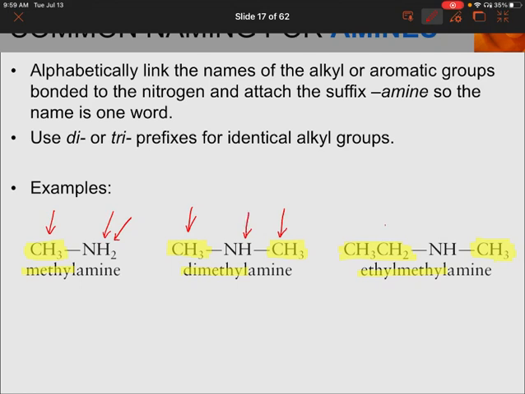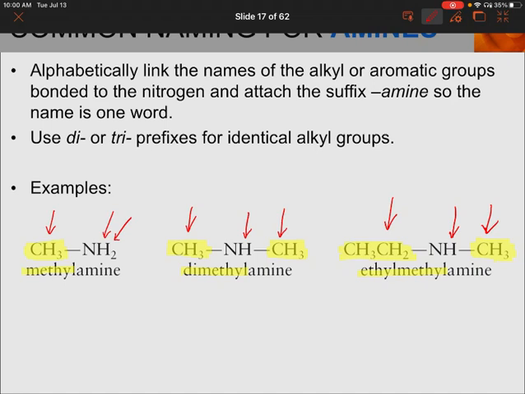And in the third example, the nitrogen is bonded to an ethyl group, a methyl group, and a hydrogen. So remember, we can classify amines as primary, secondary, or tertiary. If an amine is bonded to one alkyl group, it's primary. If it's bonded to two alkyl groups, it's secondary. And if it's bonded to three alkyl groups, it's tertiary.